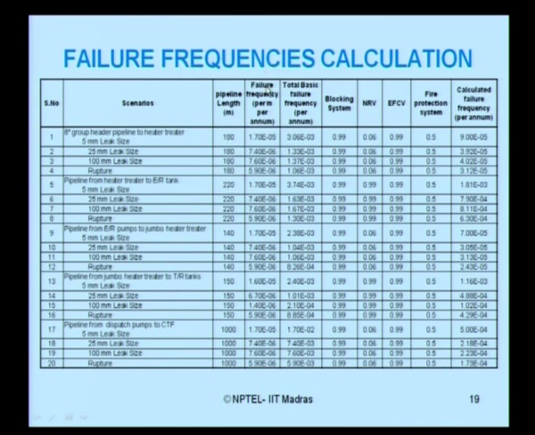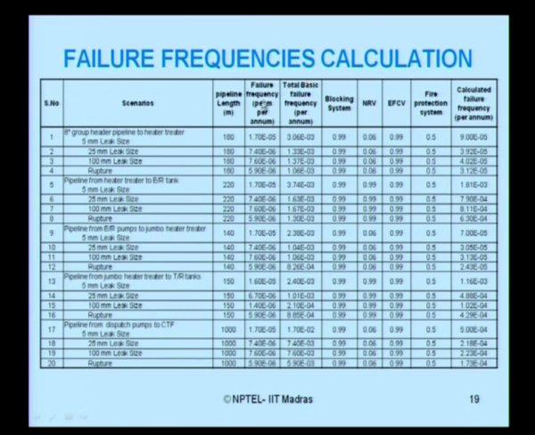The failure frequency per meter per annum, which has been taken as statistical data based on experience of a similar plant, is given here. So, what does it mean? If you consider the data, you get an average failure frequency of 1.7 10 power minus 5 per meter per annum. Now, what is the total basic failure frequency?